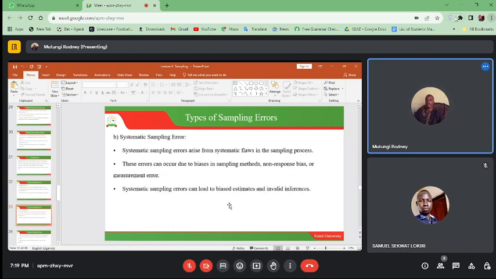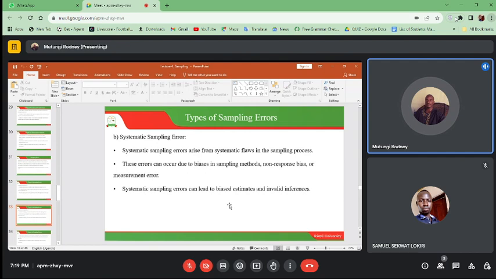Then systematic sampling also gives us another error called systematic sampling error, and it is due to biases in sampling and non-response bias.